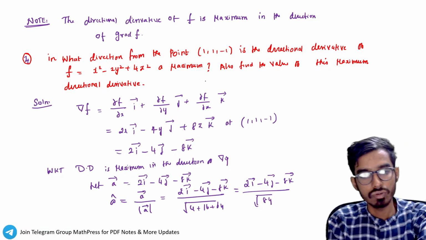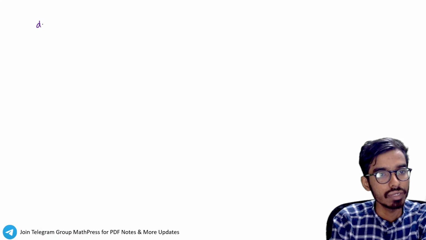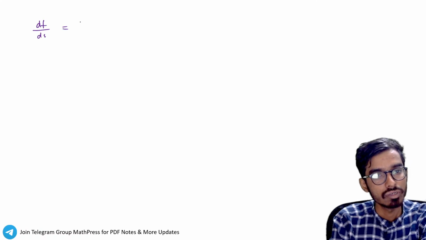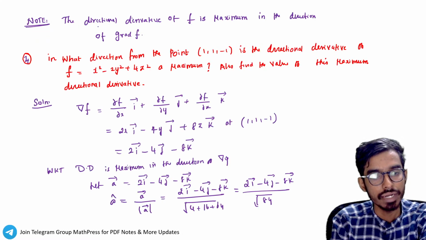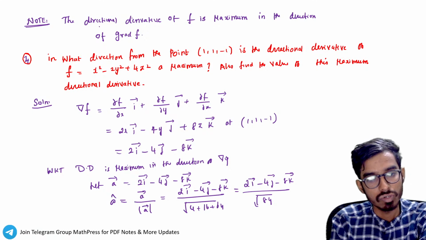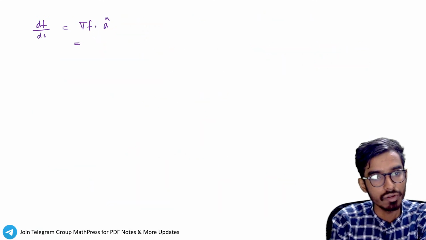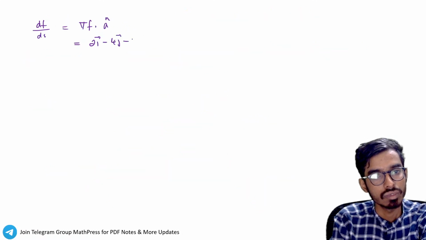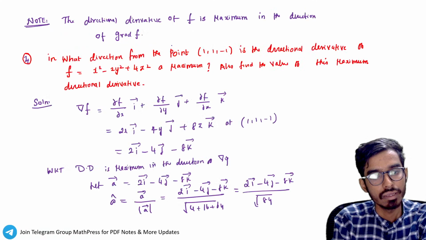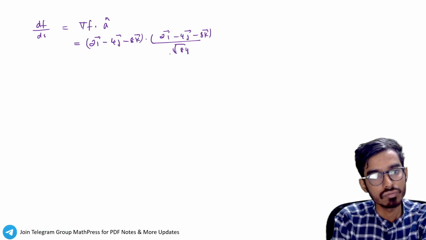Okay, so what will be the directional derivative? It will be df by ds, so it will be del phi dot A cap. So 2i minus 4j minus 8k dot 2i minus 4j minus 8k divided by root 84.